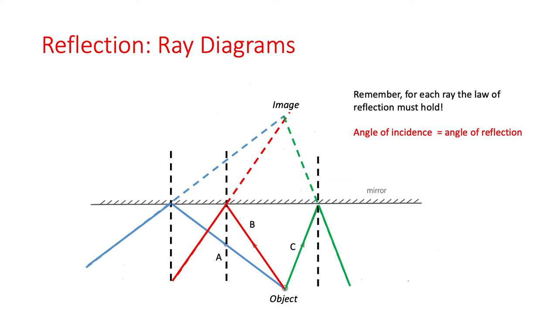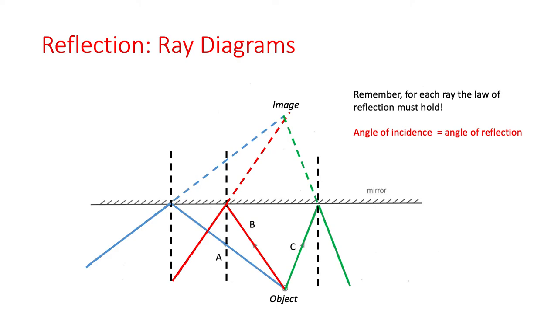I could draw a straight vertical line between image and object to show that they are in line with each other. And this is something you experience when you look in the mirror. You'll notice that your mirror image is directly in front of you. So images always form directly in front of the object.